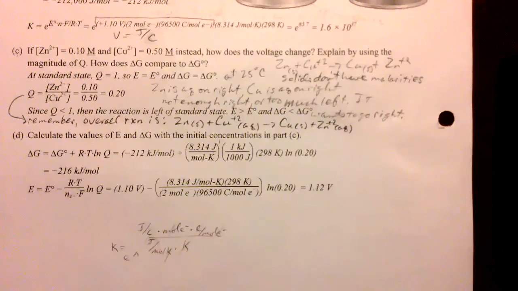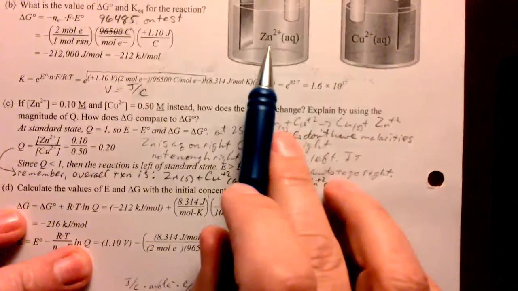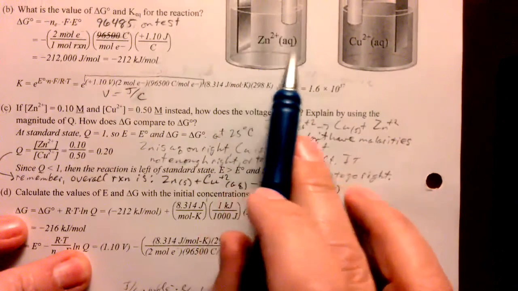Now I would jot this down. We have already said that the standard state for delta G and so forth is where Q equals 1. And that's still true here, but what that means for the galvanic cells is that the molarities will both be 1, or they will produce a Q that is 1.